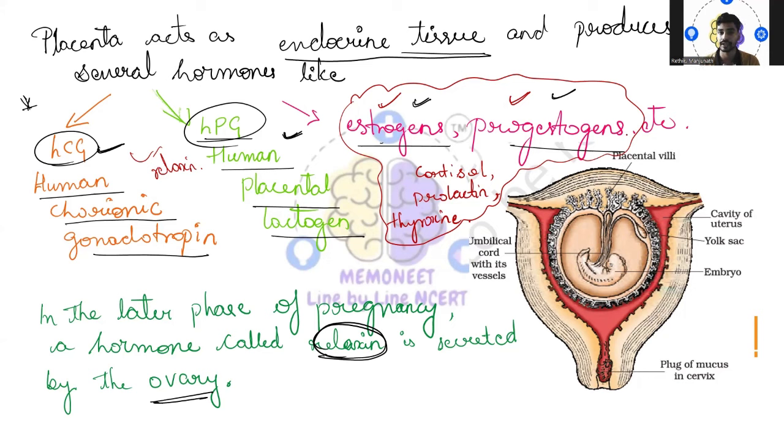These are the three reasons why their quantity has to be more in the blood during the pregnancy.